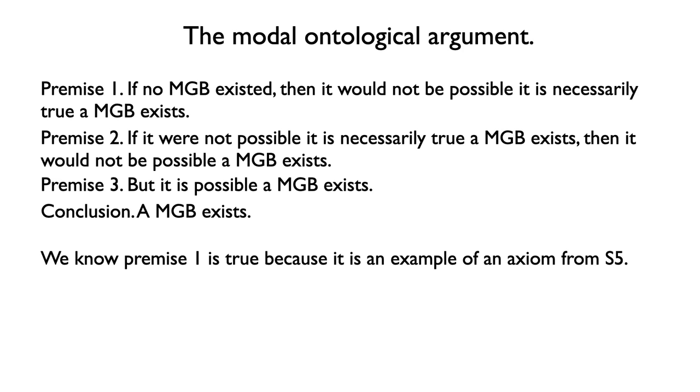Premise 2 follows from the definition of a maximally great being as a necessary being. A maximally great being is defined as being necessary, so if it were not possible it is necessarily true a maximally great being exists, then it would not be possible a maximally great being exists at all.